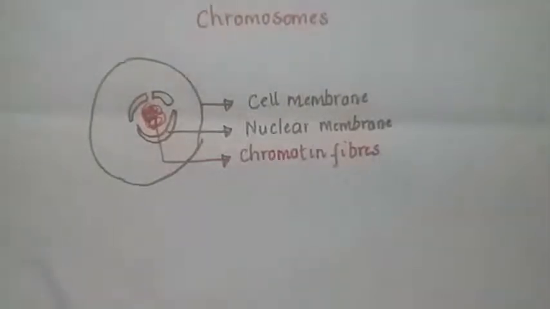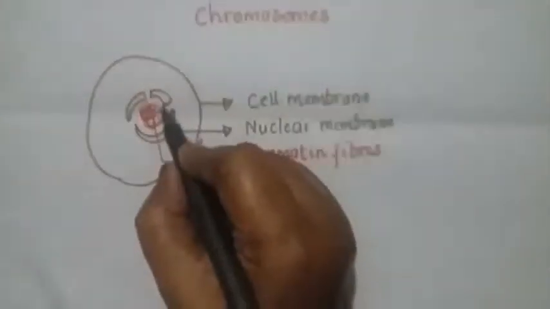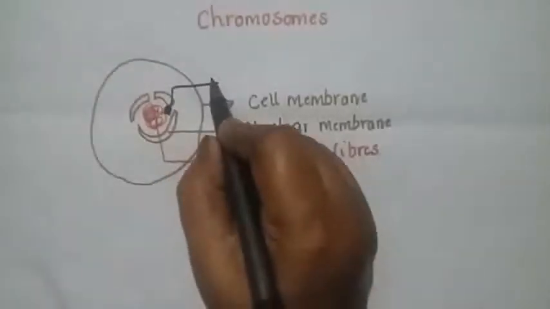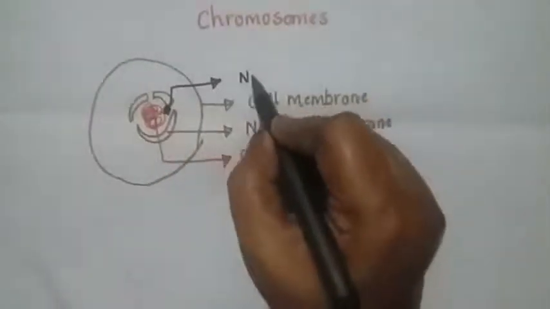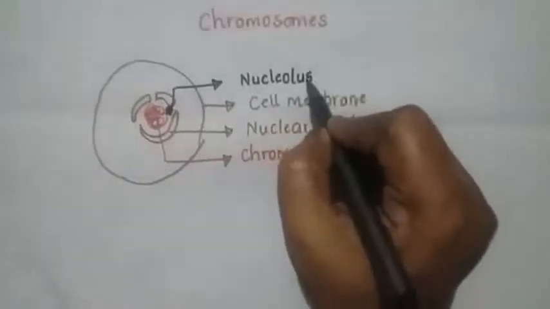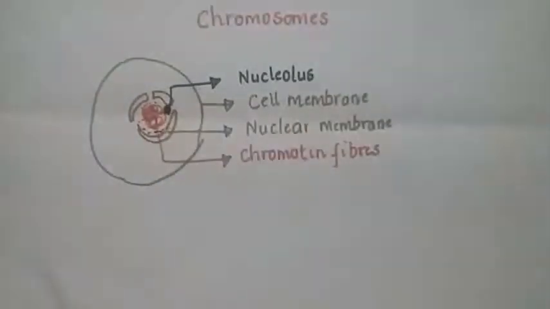And within the nucleus we find the nucleolus, a spherical body found within the nucleus, and the nucleus encloses the nucleoplasm.